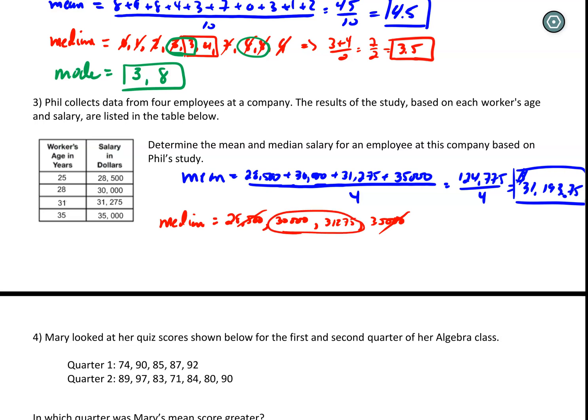Now I simply take those two and find the average of them. So we get 30,000 plus 31,275, divided by 2. That's 61,275 divided by 2, which is $30,637.50.